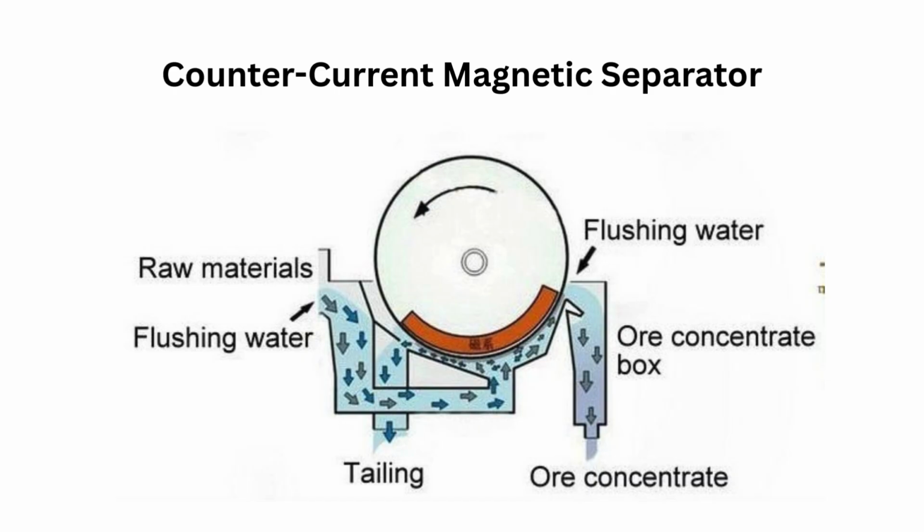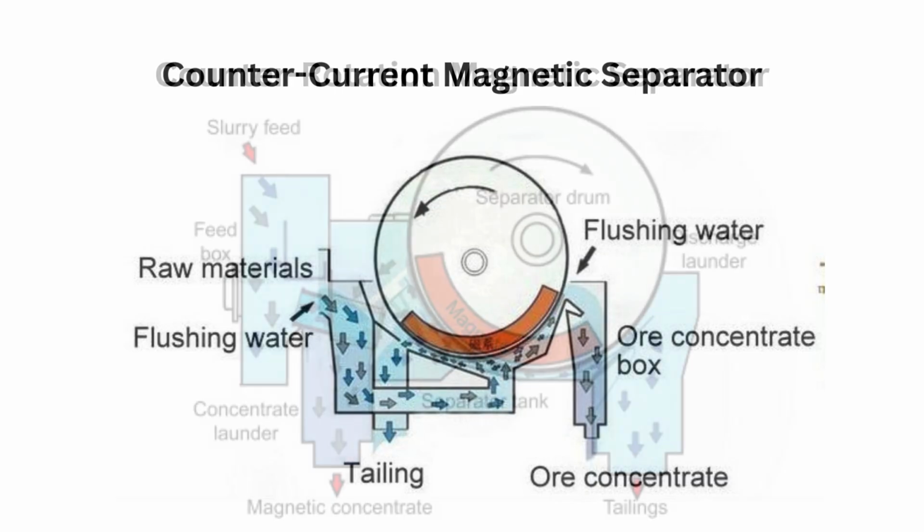The non-magnetic particles, tailings, flow out of the separator in the direction of the drum's rotation, typically through an overflow chute. The magnetic particles, concentrate, are carried around the drum by the magnetic field and discharged at the opposite end of the drum, where the magnetic field weakens. Countercurrent separators are often used for finishing operations on fine materials, as they can achieve high-grade concentrates with high recovery.